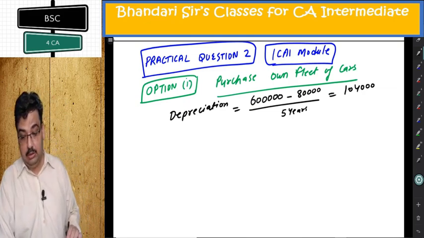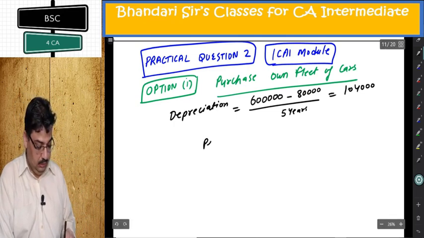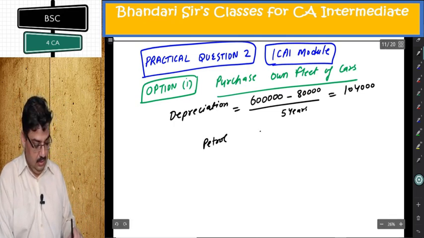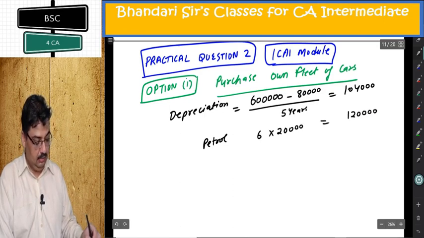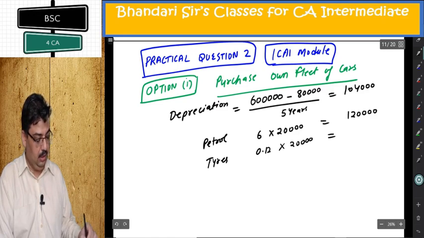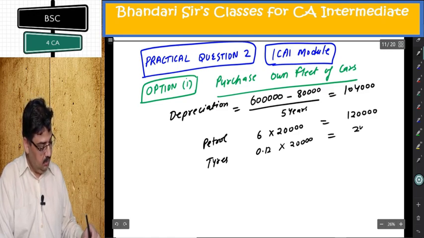What other cost? There is petrol cost, 6 into 20,000 kilometers, 1,20,000. Tires, 12 paisa per kilometer into 20,000, I hope it is 2,400.